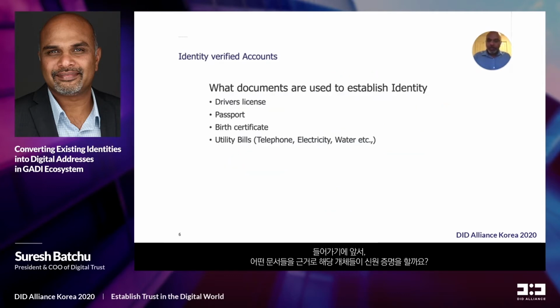Before we go there, what documents are usually used to establish identity in these entities? It could be a driver's license, a passport, a birth certificate, or utility bills like telephone, electricity, and water, which you can use to establish your identity.